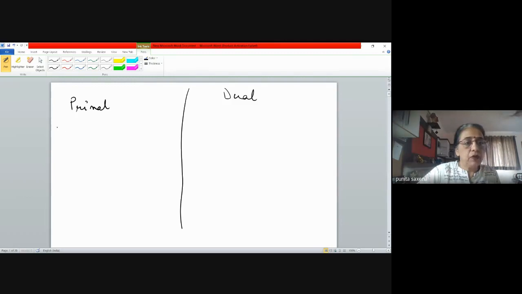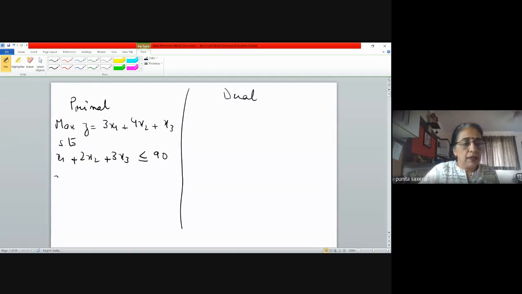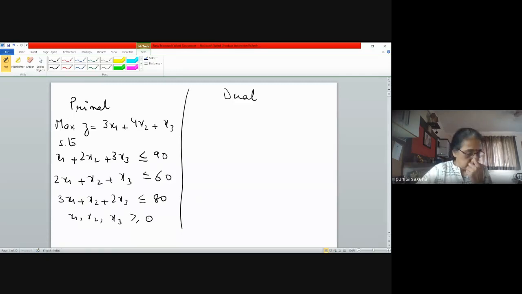Our primal was to maximize z equal to 3x1 plus 4x2 plus x3, subject to x1 plus 2x2 plus 3x3 less than or equal to 90, 2x1 plus x2 plus x3 less than or equal to 60, 3x1 plus x2 plus 2x3 less than or equal to 80, with x1, x2, x3 more than or equal to 0. This was the primal.